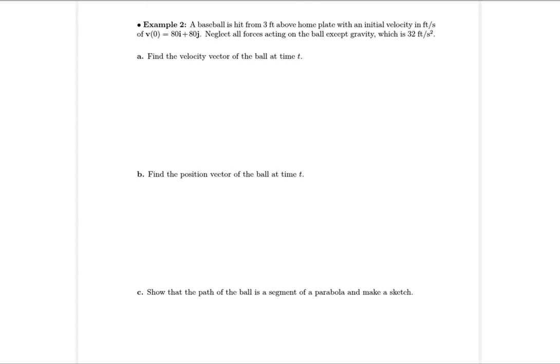So the idea here is if gravity is the only thing acting, then I can start by writing out A of t and saying that A of t is the vector 0, right? There's no acceleration in the x direction. And then, of course, because it's gravity, we're talking about going downward. So we'll call this negative 32, for negative 32 feet per second squared.